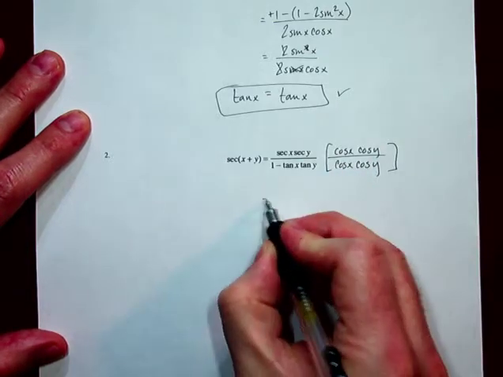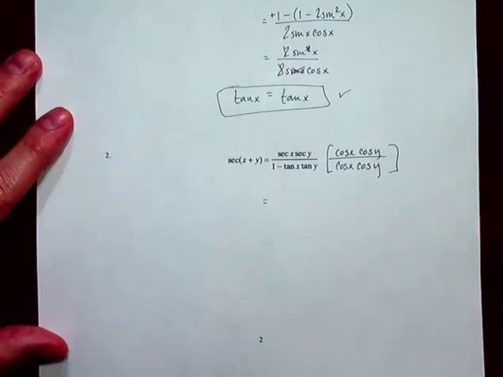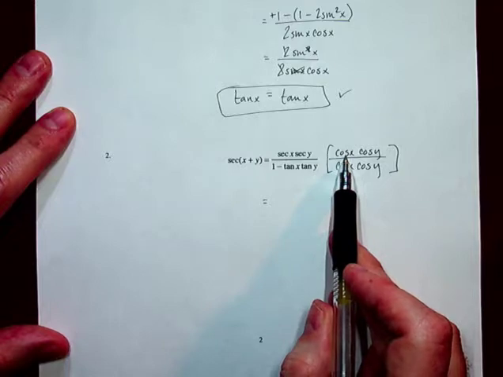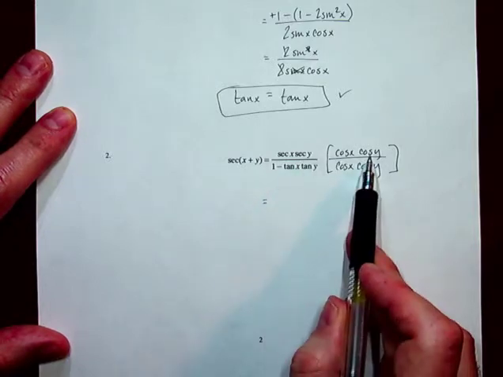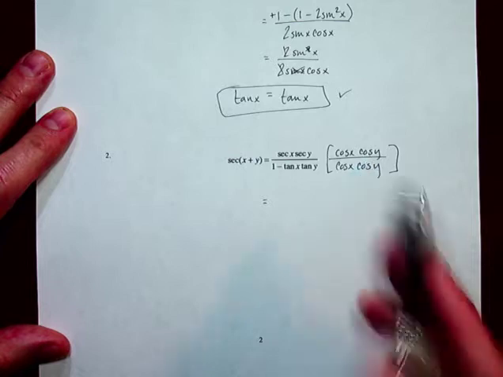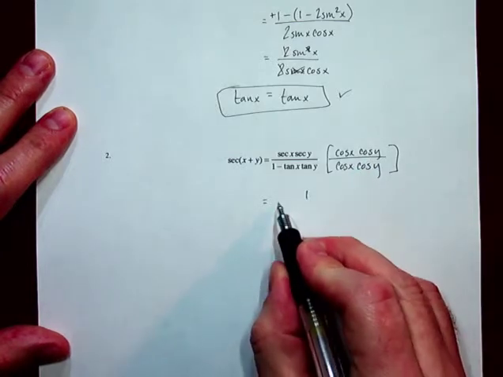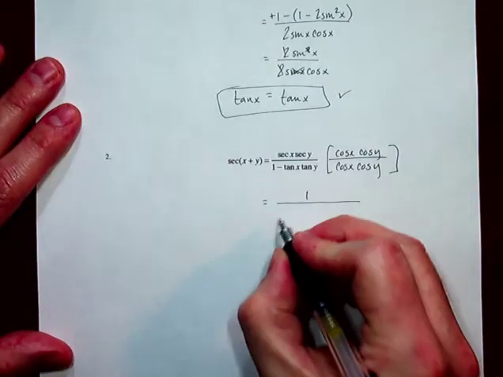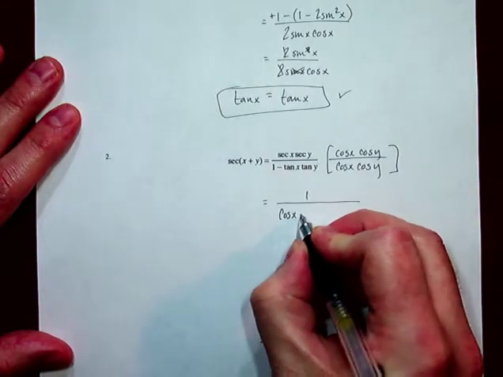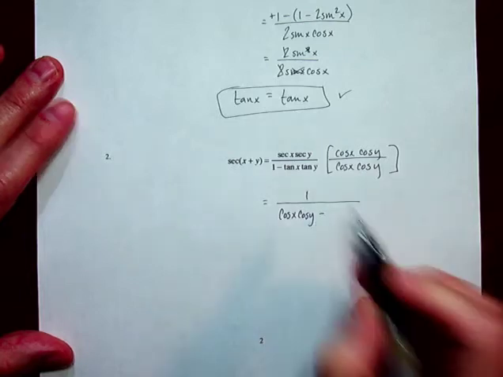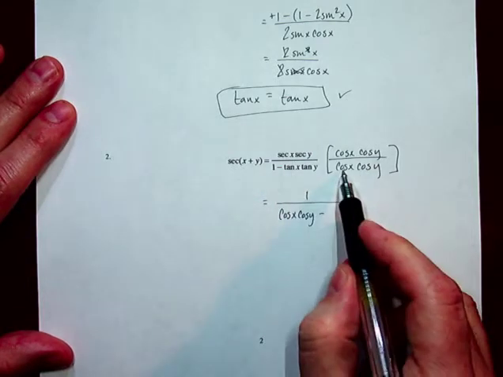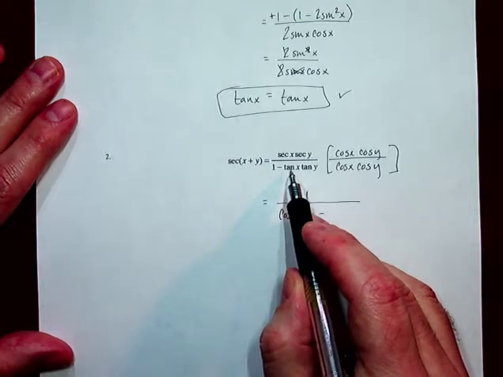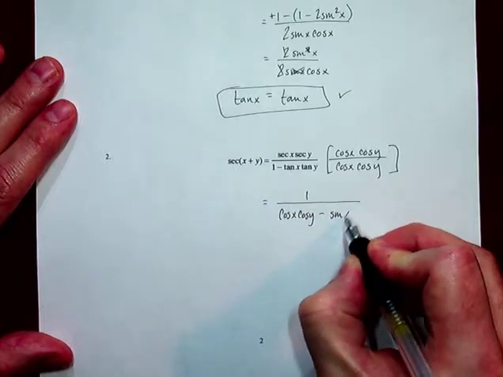What that does to the numerator is real simple. It's just secant x times cosine x, well, they're reciprocals of each other, so that equals 1. When I take that cosine x cosine y and distribute it to both terms in the denominator, this first term becomes cosine x cosine y, and when I distribute to the second term, the cosine x combines with the tangent x, canceling with its implied denominator, and simply leaving sine x.